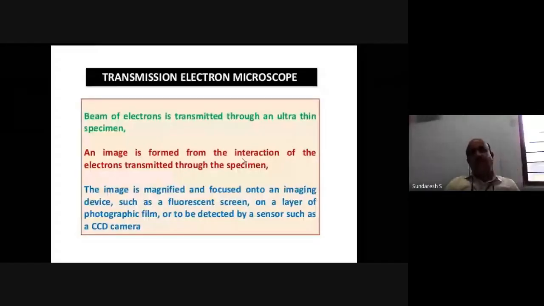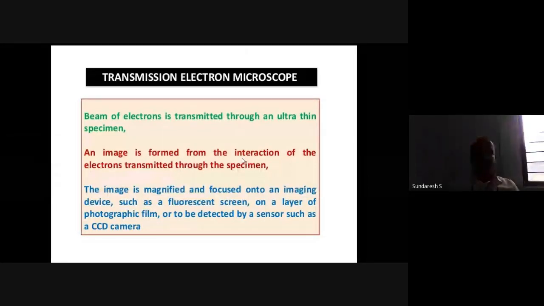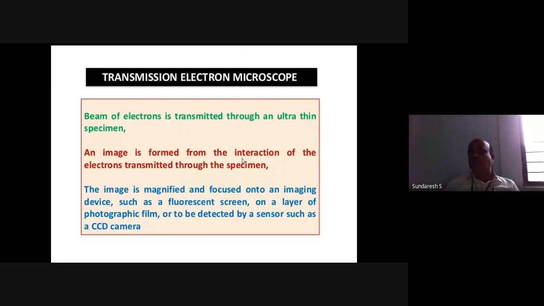A beam of electrons is used, and the thickness of the specimen is very, very small compared to the thickness of the specimen we use in scanning electron microscopy. So in this case, we call it an ultra thin specimen, through which a beam of electrons is transmitted.